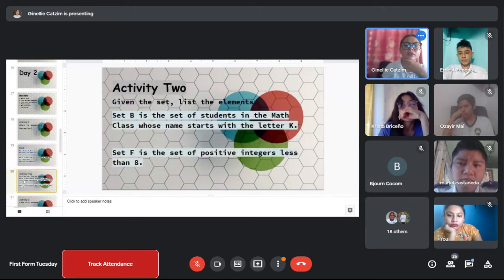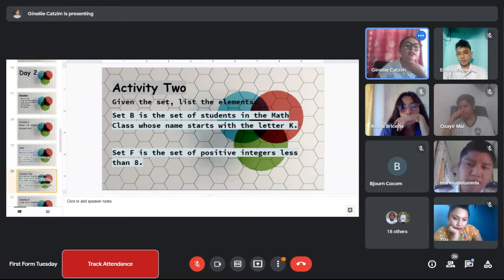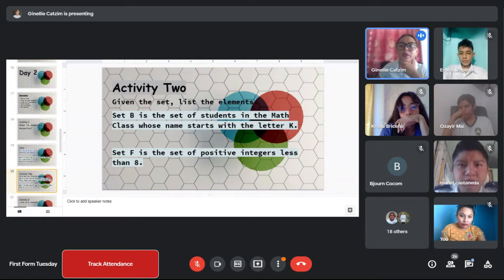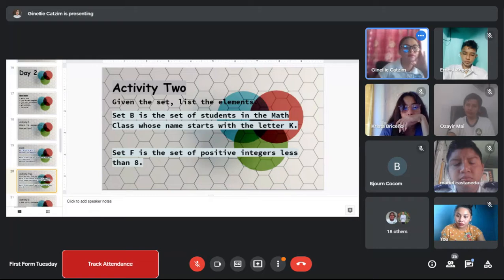Now, given the set, list the elements. Given the set, list the elements. We have set B is the set of students in the math class whose name starts with the letter K. Can you list the elements for that one? Just list the elements.